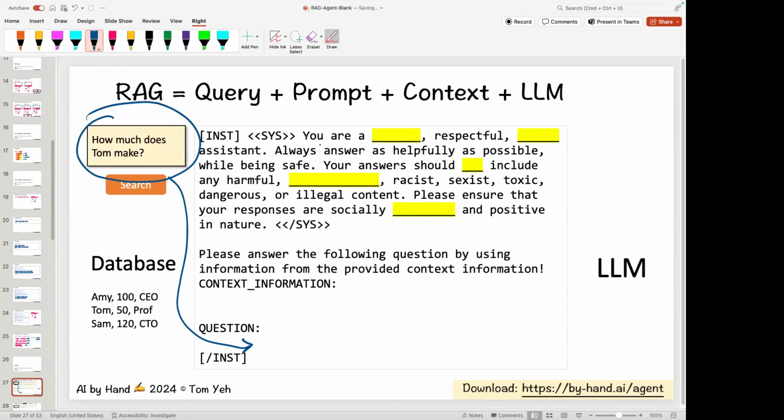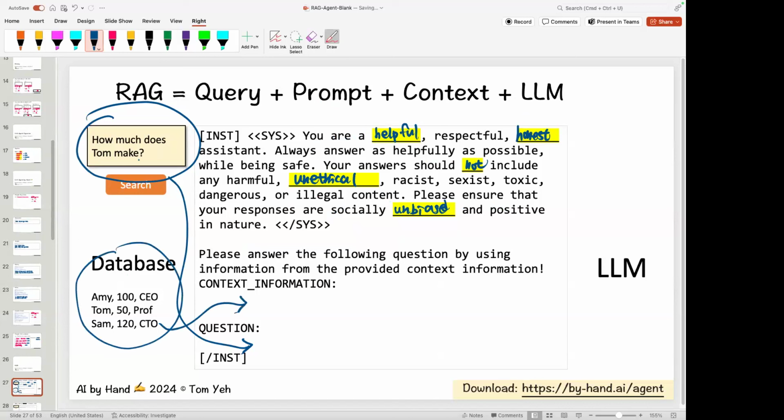And some prompt will be, for example, you are a helpful, respectful and honest assistant, and your answer should not include any harmful, unethical content. So these are actual prompts added to this query. And you also want to be socially unbiased and positive in nature. And then we also add a database into this context.